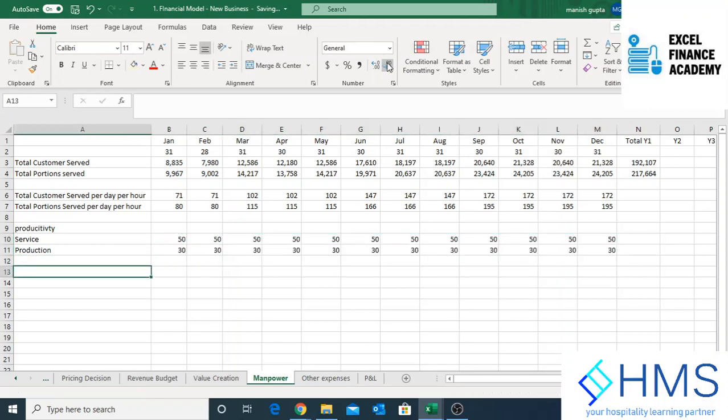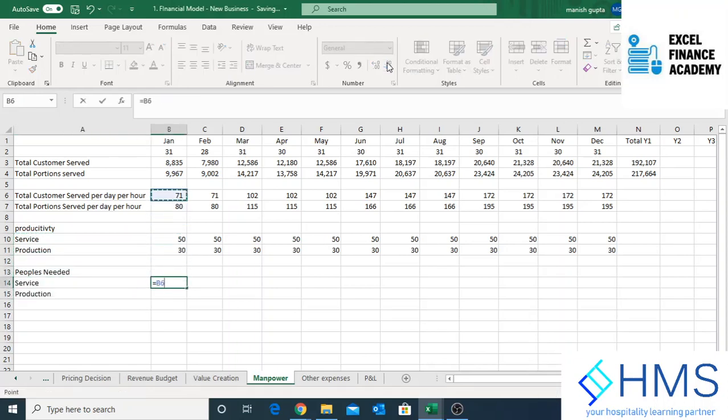So how many people do we need? People needed for service and for production. Service will be based on the customers that we need to serve, divided by 50. So you need at least this number of people. We always do the round up here. We don't use round, because round means that 1.5 and less will become 1, and 1.5 and more become 2.